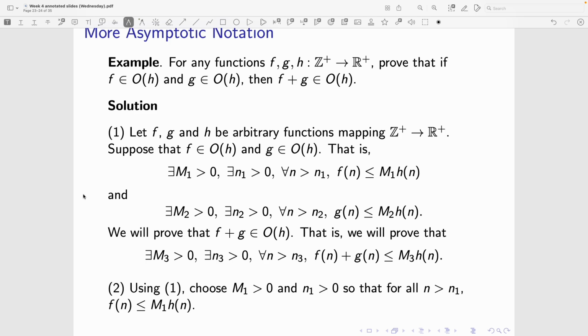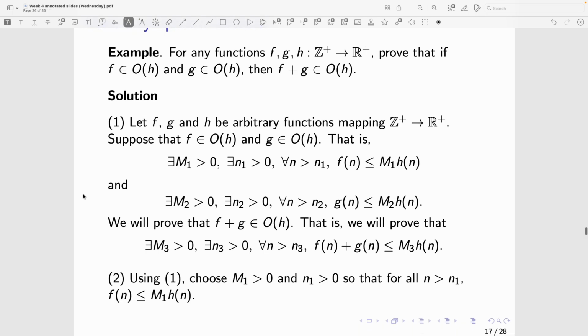Now, this is the proof of that sum rule we found earlier. We assume that f is in O of h and g is in O of h. This is what that means by the definition.